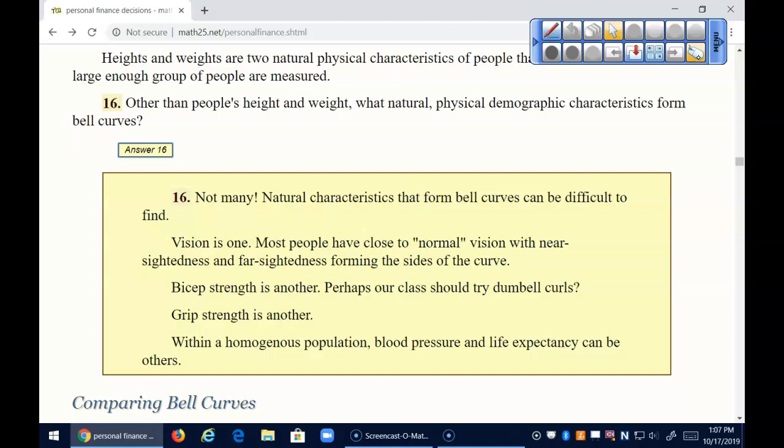Grip strength. And if your population is homogeneous, then blood pressure and life expectancy will turn out to be those. And that's really about it. If you search, then maybe you can find another, and I haven't, but I've looked a bit. There just aren't that many things about people that naturally form a bell curve.